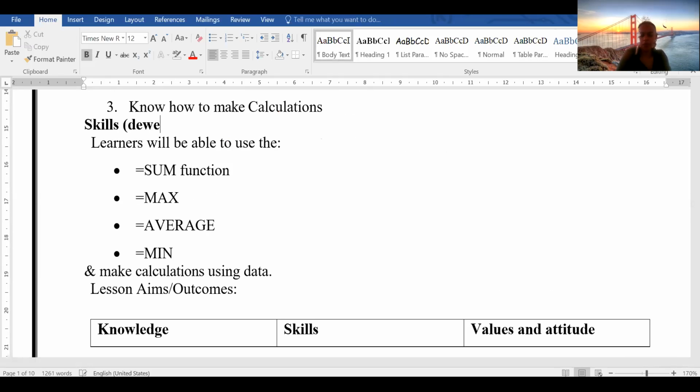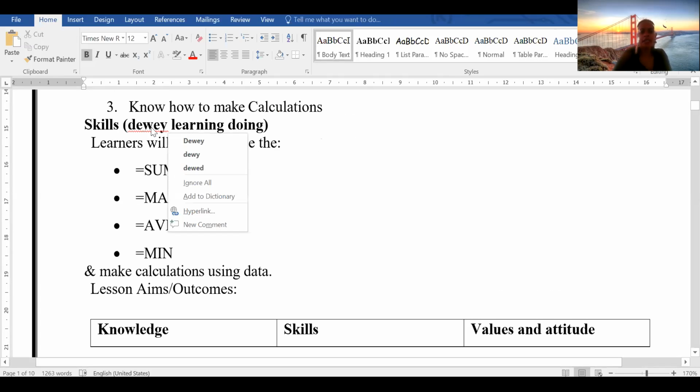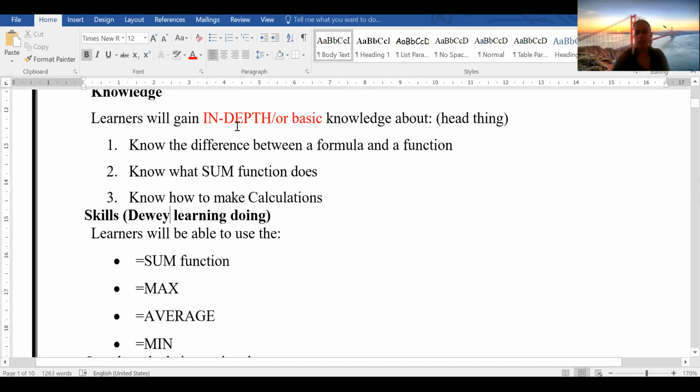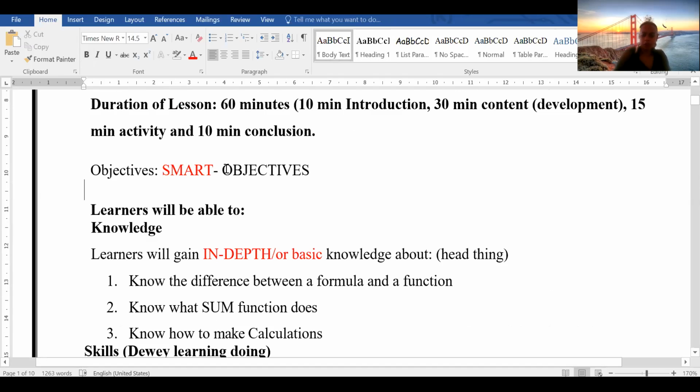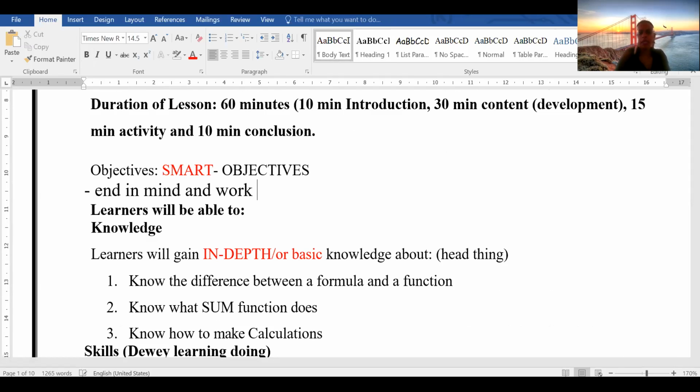Dewey, learning by doing. Remember I said that all these things tie up together. We are starting with the end in mind and we are moving with the end in view. That's what I talked about last week. We are starting with the end in mind and we are going to work through with the end in view, meaning that everything will be tied together.